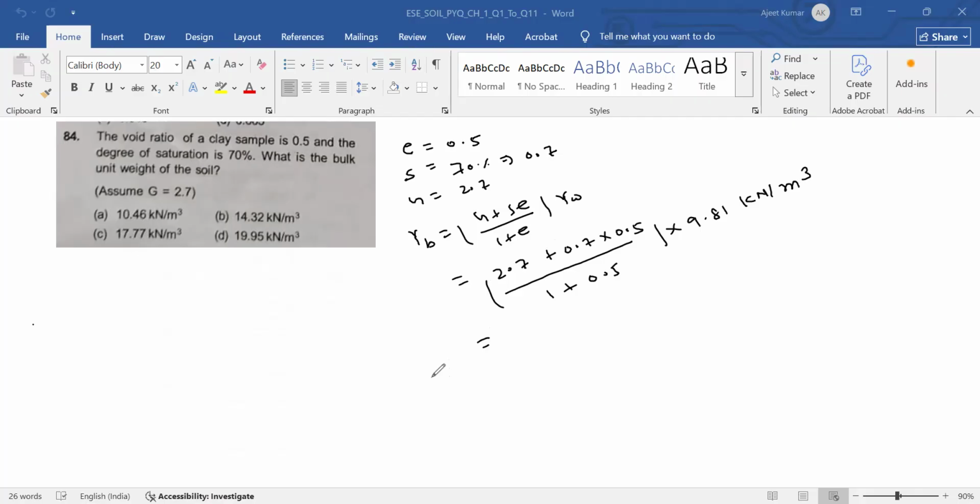If you calculate this expression, 2.7 plus 0.35 divided by 1.5 into 9.81, this will be 19.947 kilonewton per meter cube. This is nothing but 19.95 kilonewton per meter cube. So D will be the option. Okay, so 84, now 85.